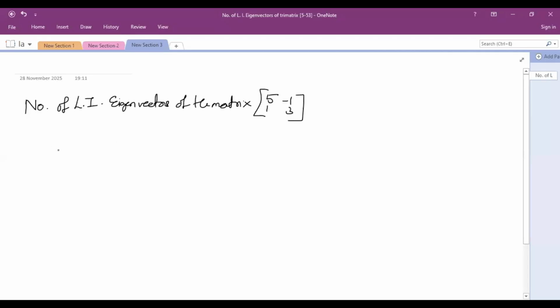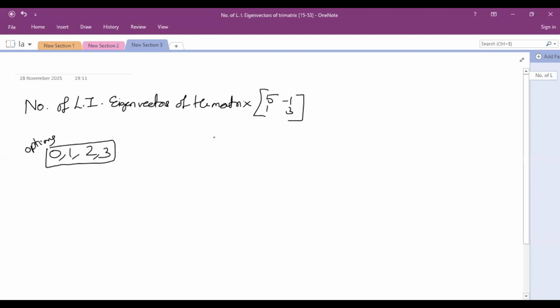The options are 0, 1, 2, or 3. How should we proceed? One way is we can find out the eigenvalues and then accordingly proceed, or otherwise we can find the rank, and the order minus rank will also help us in finding the number of eigenvectors.